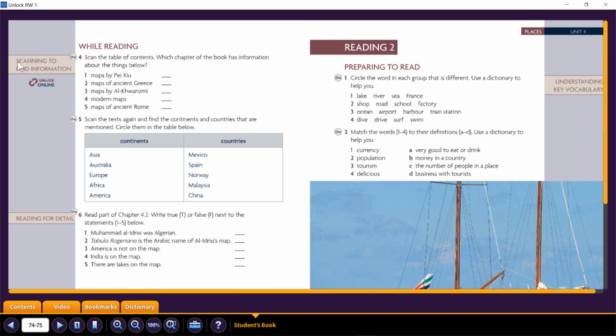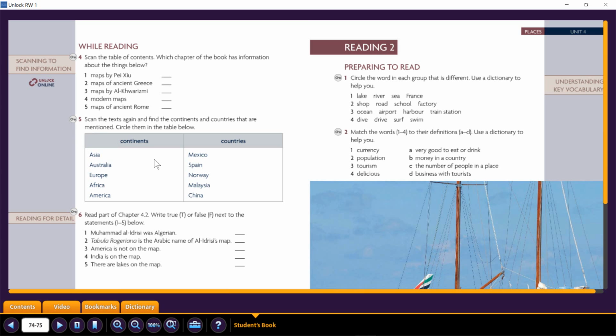What do we mean by scanning? To find information, to find a specific information. Here, scan the table of contents. Which chapter of the book has information about the things below? 1, 2, 3, 4, and 5. This will be your task for reading 1, your online task.